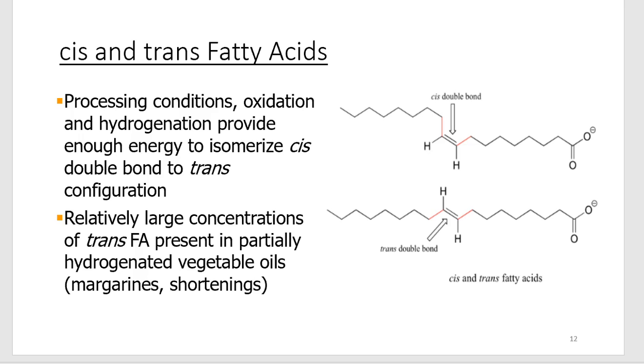Fatty acids can also vary in configuration. Oil processing, oxidation, and hydrogenation might affect the fatty acid configuration. The natural configuration of double bonds in unsaturated fatty acid is called the cis configuration. It's the first figure. It's natural.